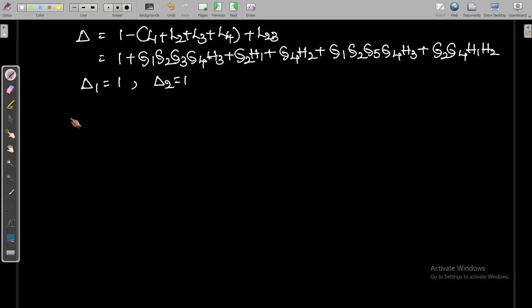Now the overall transfer function we can write from Mason's gain formula, that is P1 delta 1 plus P2 delta 2, whole divided by delta. So let us write that answer.